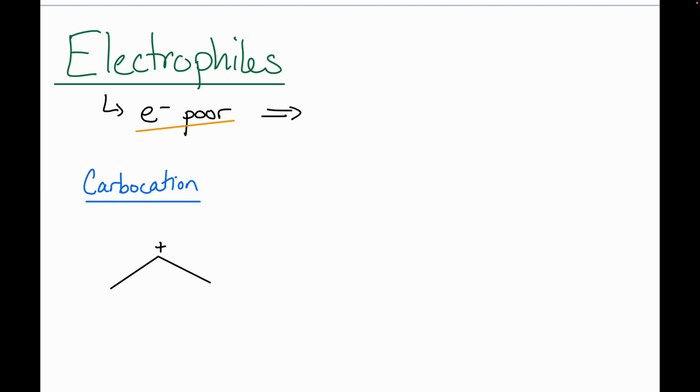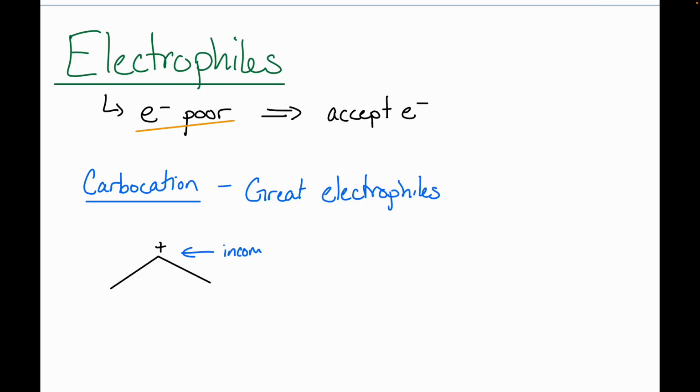They're electron poor, but they need to be able to accept electrons. And one of the reasons why carbocations are such great electrophiles is because they do not have a complete octet. They can very easily accept electrons. They're begging for that last pair of electrons to complete their octet. So these are great electrophiles because that carbocation has an incomplete octet.